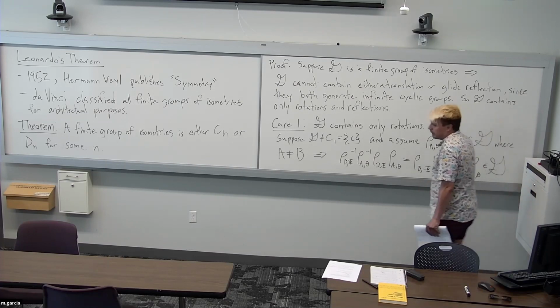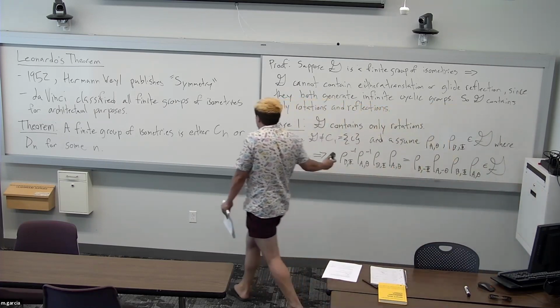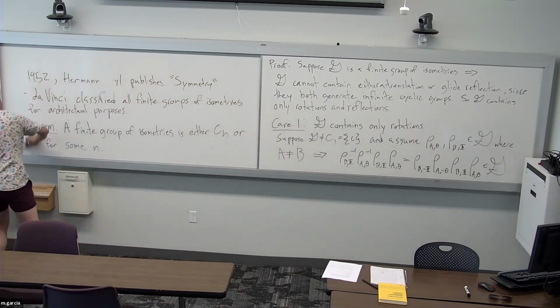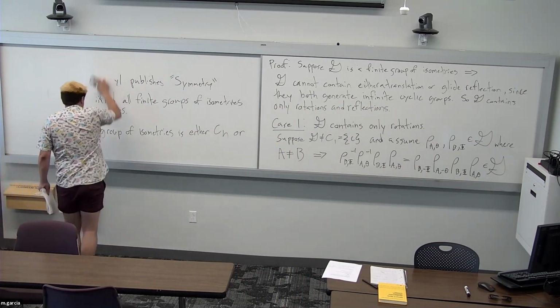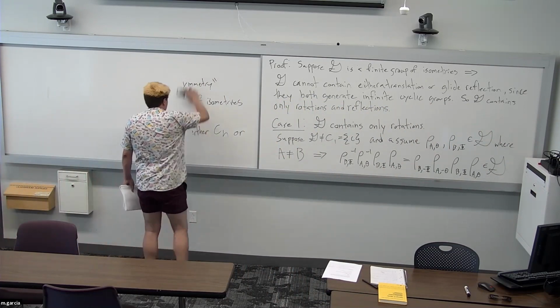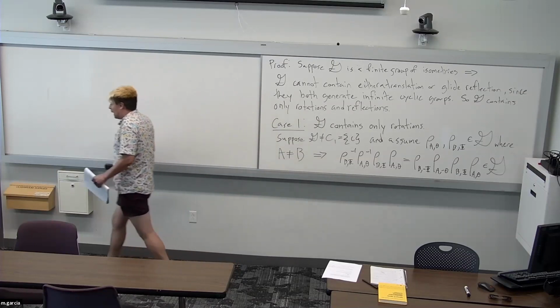So by the group laws, the axioms for a group, this product must also be in G, right? We have inverses and then closure. Now, what's wrong here? This is bad of me to say. Why is that?